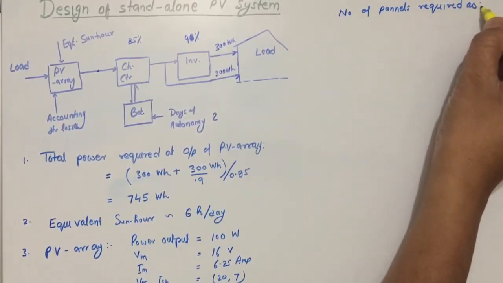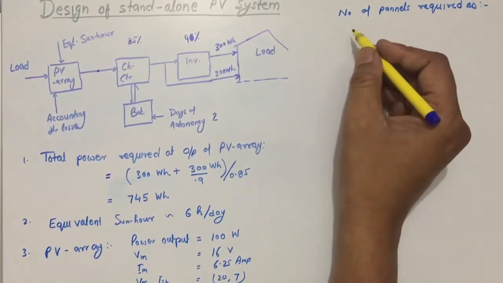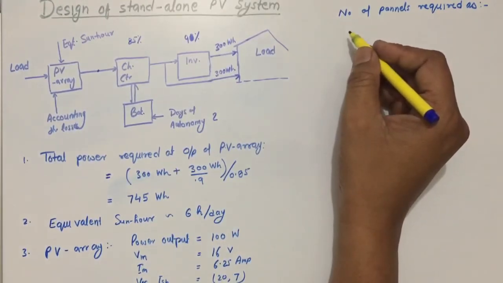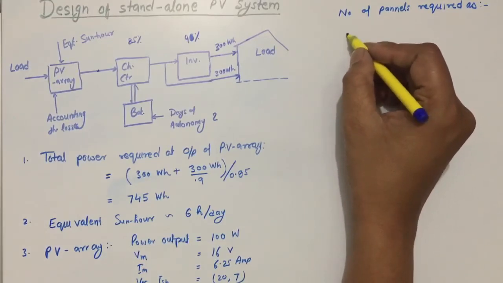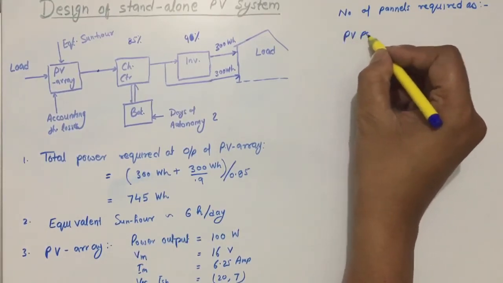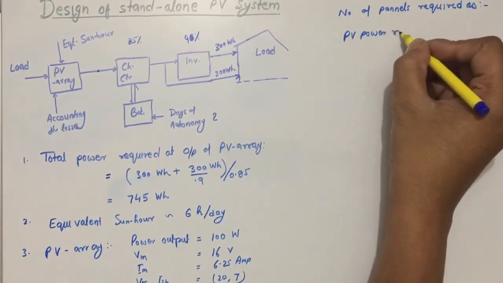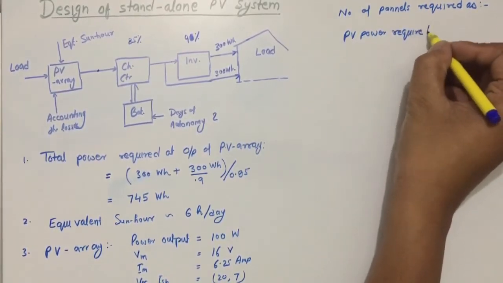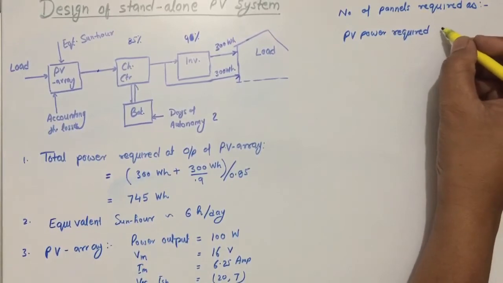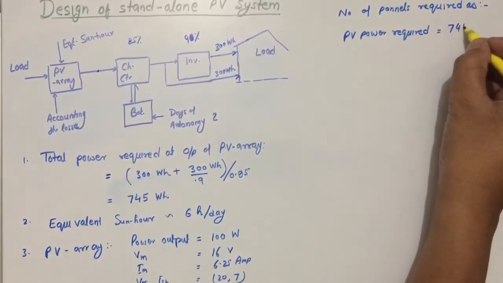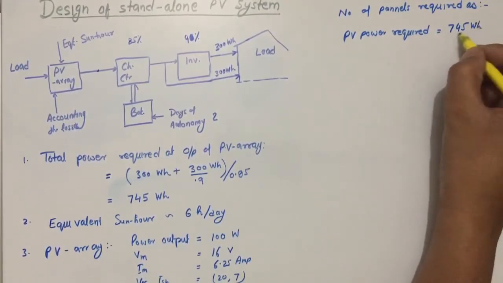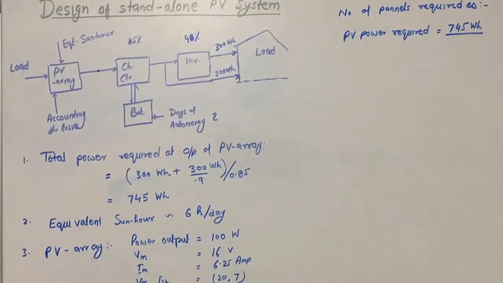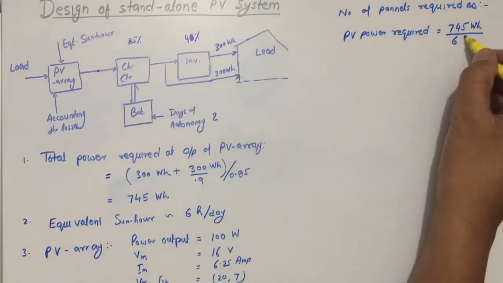The PV power required can be 745 watt hour divided by the duration for which the sun is shining per day, that is 6 hours.